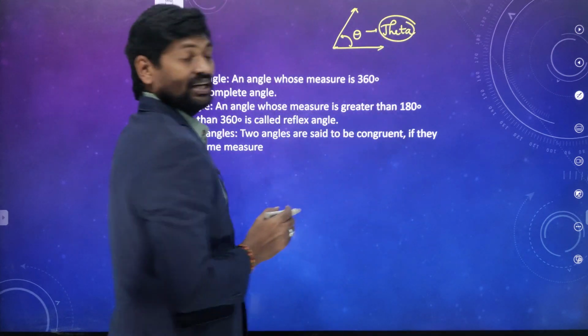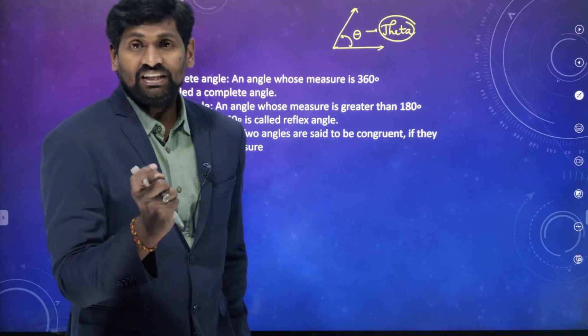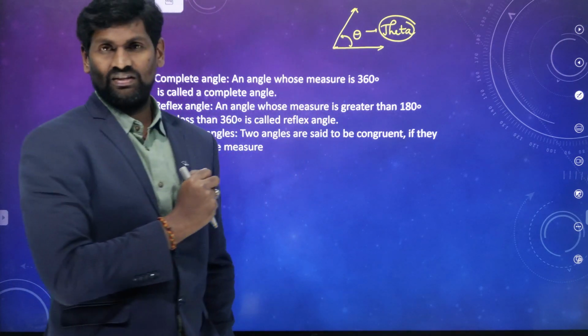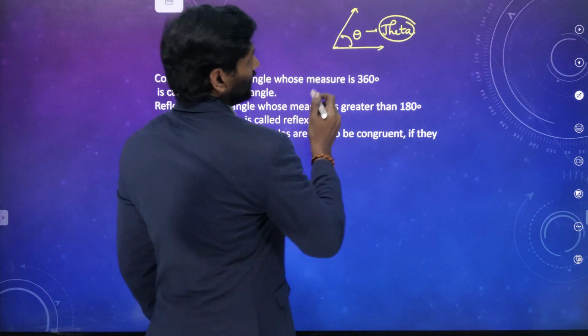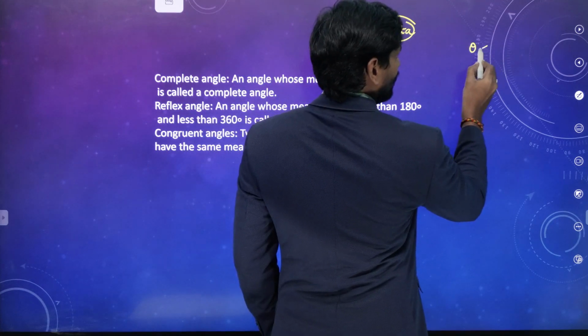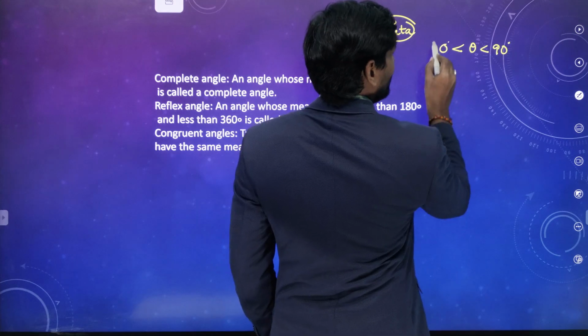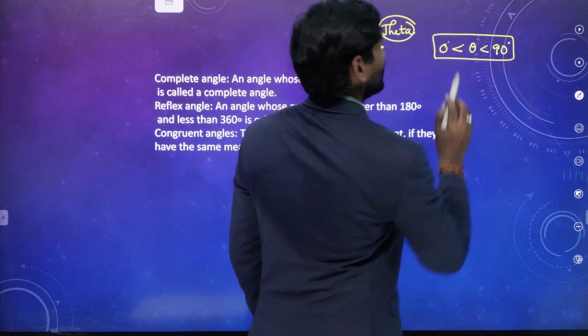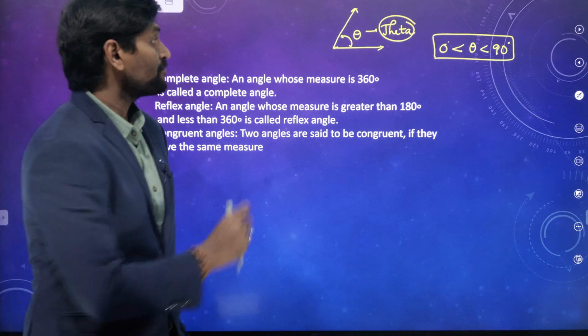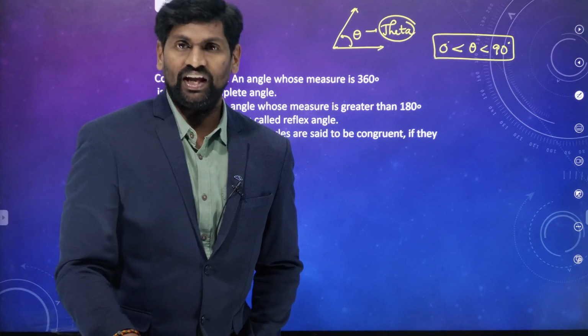We use the symbol theta to represent an angle. If the measure of this theta is less than 90 degrees but more than 0 degrees, such angles are called acute angles.